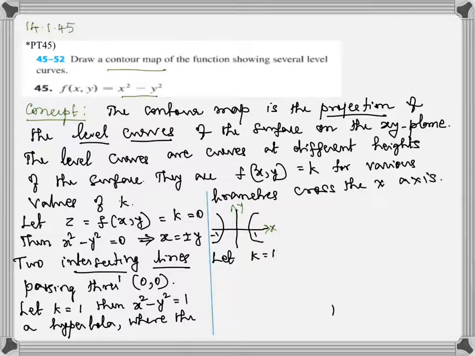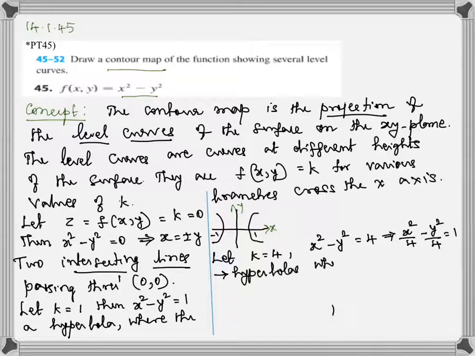Let's give one more value for k. Let's assume k equal to 4, which is positive. X square minus y square equal to 4. If you bring it to the standard form again, x square over 4 minus y square over 4 equal to 1, which is a hyperbola with the branches intersecting the x-axis at 2 and negative 2.